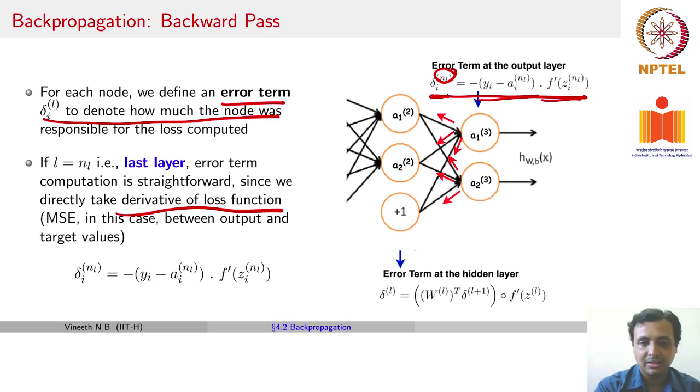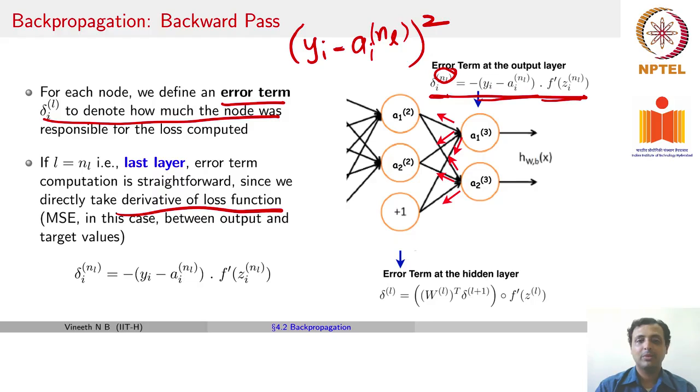So in our case, it's going to be half of (y_i minus a_i), let's assume that's your final layer's output after applying the activation function, whole square. And remember, we said we'll have a half for convenience. When you take the gradient of this with respect to a_i, you're going to have minus 2 and the 2 would get cancelled, and you would have y_i minus a_i^(N_L). That would be your gradient of the mean square error.